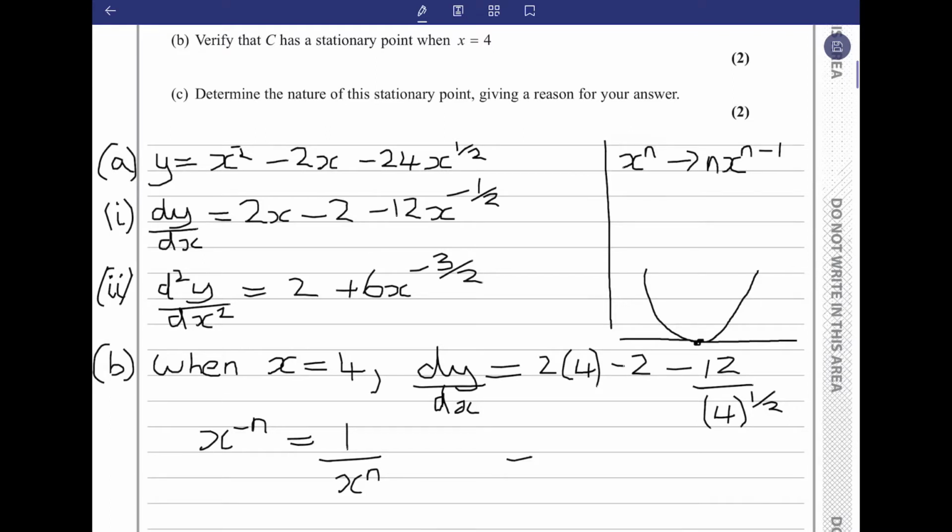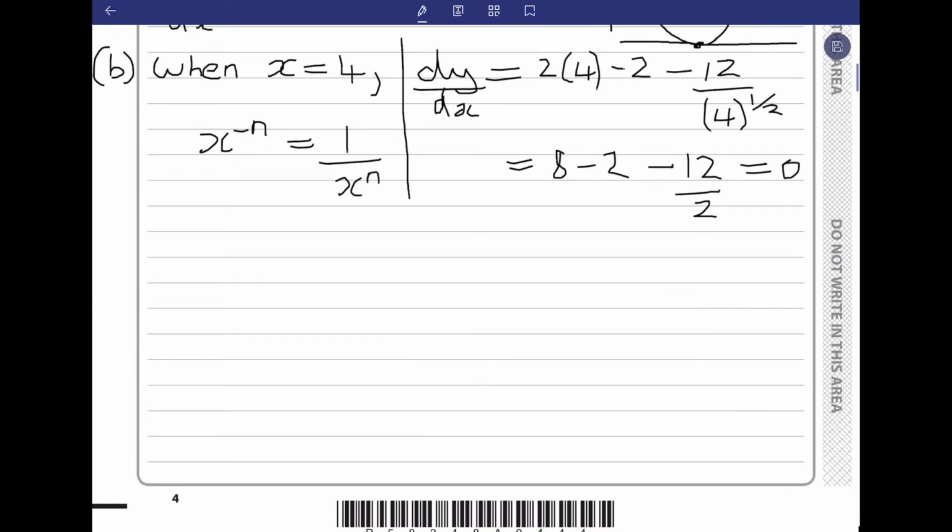So let's carry on then. Separate that. So 2 times 4 is 8, minus 2, minus 12 divided by the square root of 4, which is 2. And you should be able to see there that 8 minus 2 is 6, minus 12 divided by 2 is 6, which is 0. So there we go. You don't have to do this, but I'm going to do it.